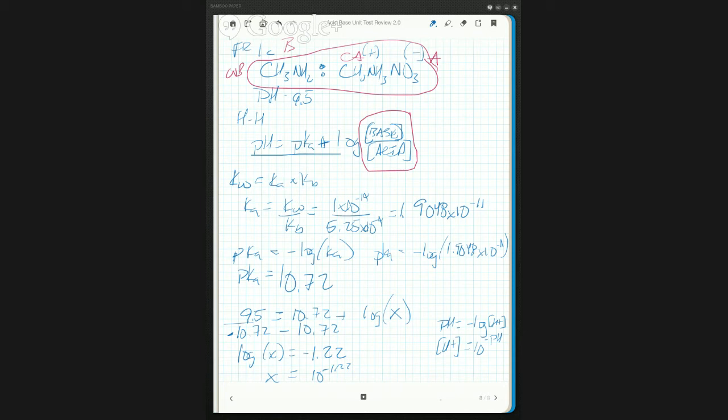Wait, what am I looking for? Oh, the ratio of the base to the acid. Did I do this right? Oh, I'm sorry. Hold on. Just give me one second. This will take me but a moment.